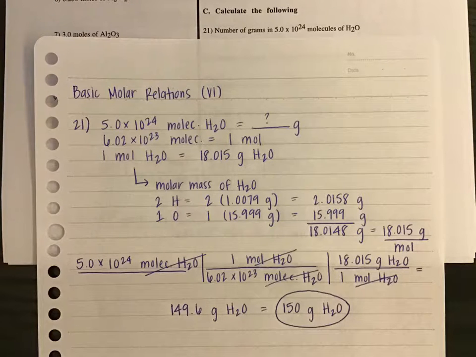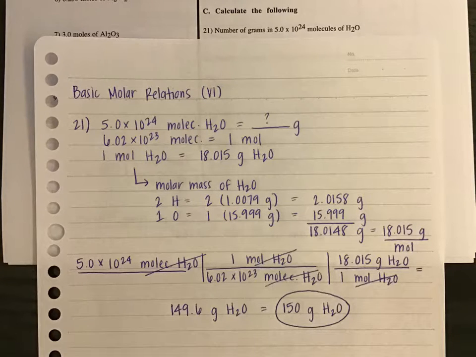And then when I take into account that here there's only 3 decimal points, then I'm going to change it over here to 18.015, rounding up because this 8 is higher than 5. So now I know that 1 mole of H2O is 18.015 grams of H2O.